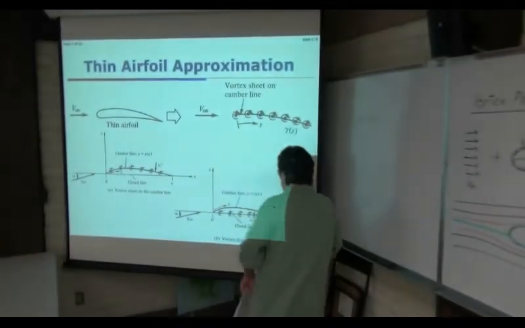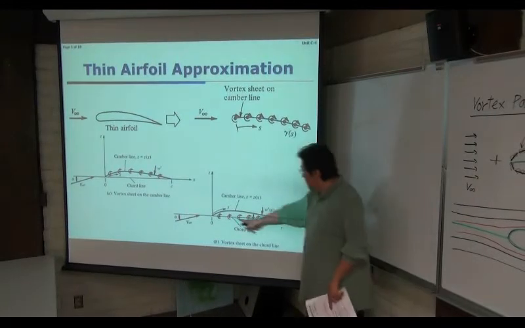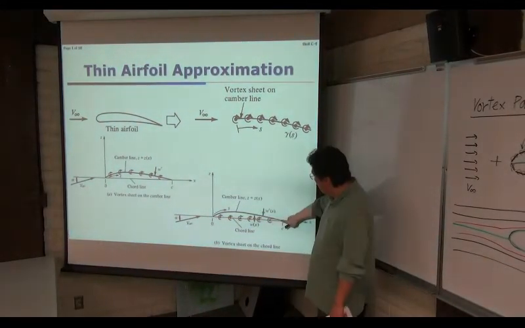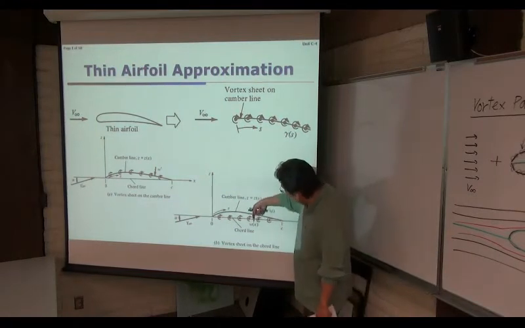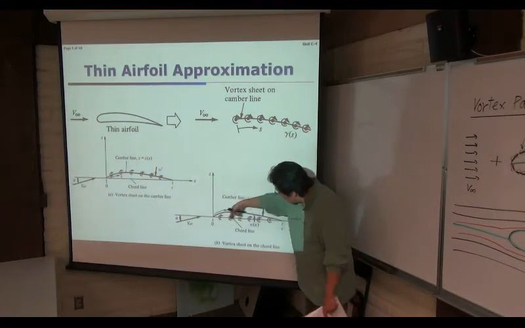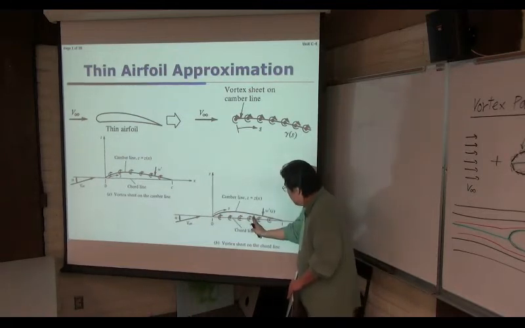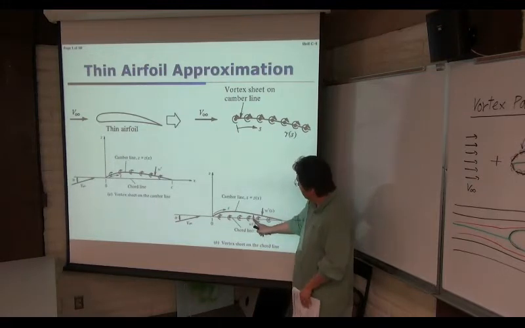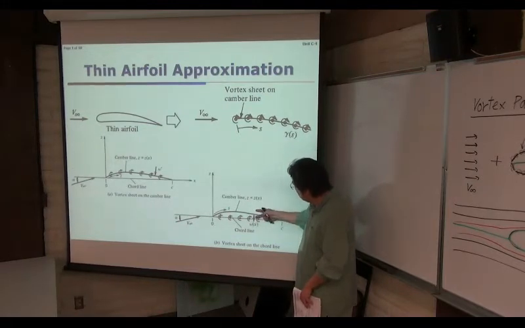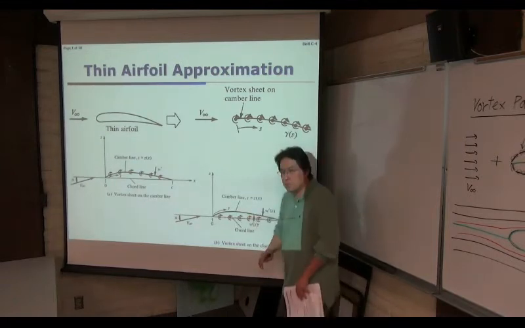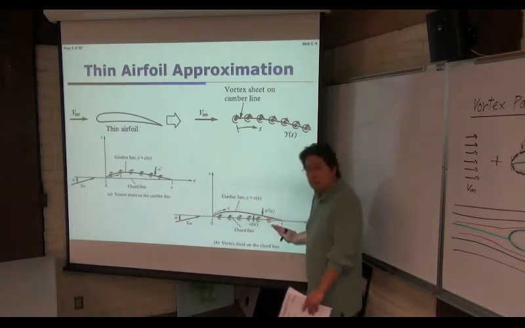One of the simplifications here is once you place your vortex panel at the chord, you are actually going to create this W around the location of the chord. At each location of the chord, the velocity developed here is approximately equal to the velocity W prime S at the same location of X because it's a thin airfoil.